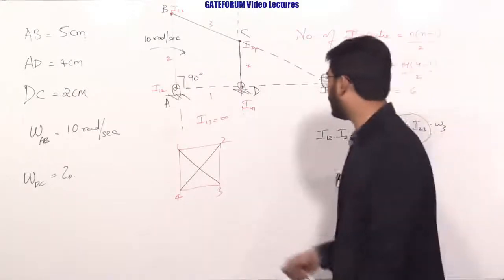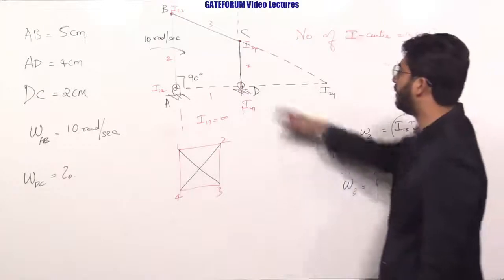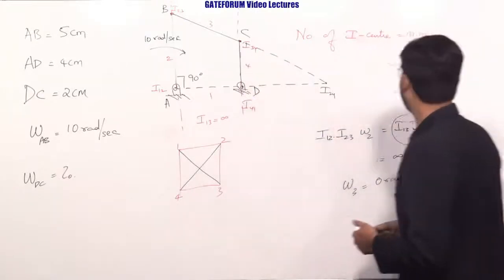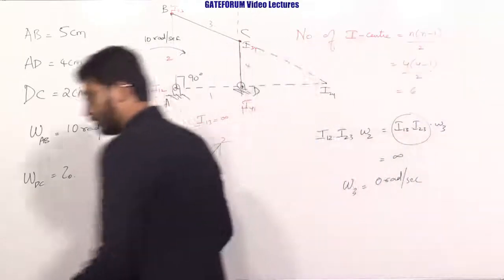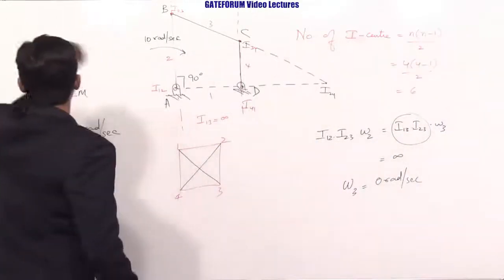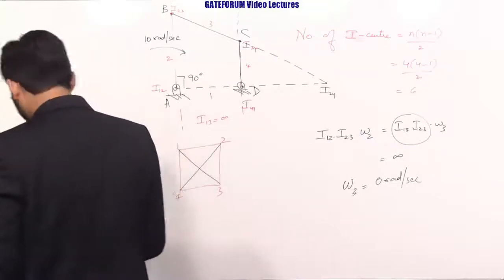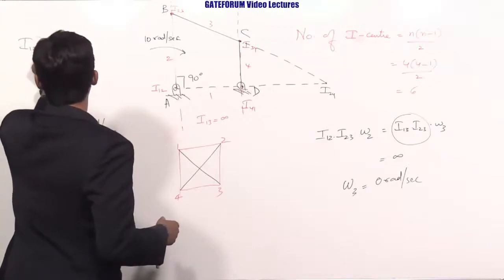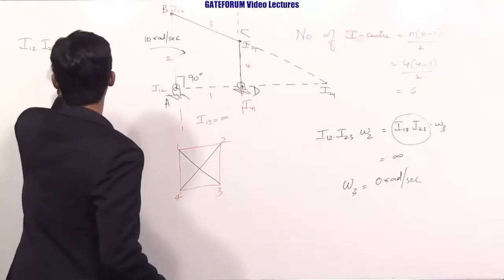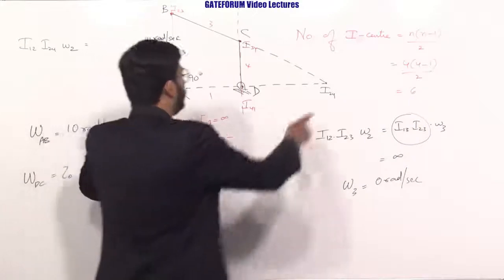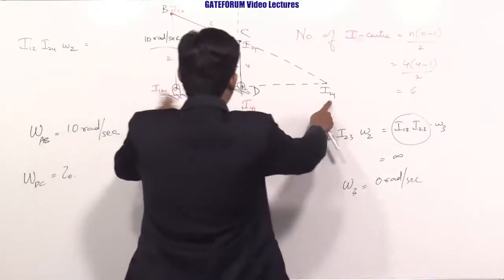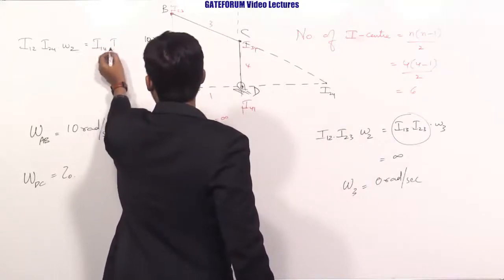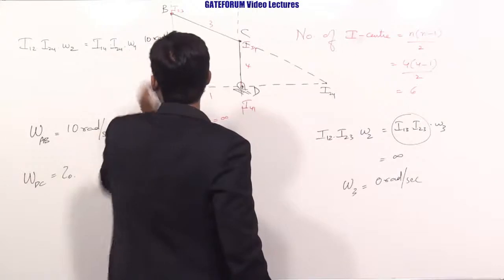Now coming to our discussion, here you are required to calculate the velocity of link CD. So applying Kennedy's theorem, I12 I24 into omega 2 is equal to I14 I24 into omega 4.